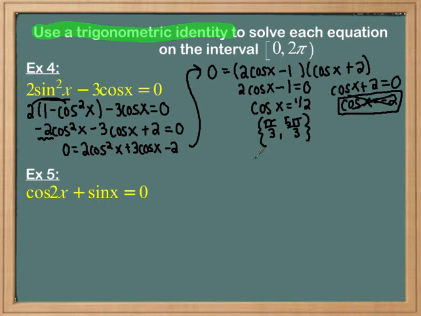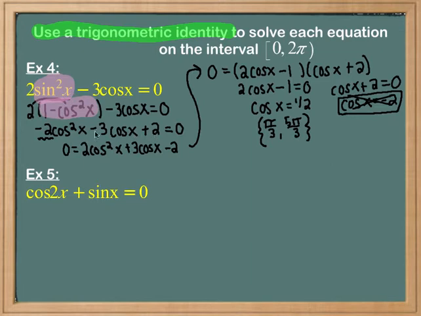So just to go back and recap, what did I do here? I started off by recognizing I couldn't factor anything. There was no GCF. They were in different terms. So I took sine squared and replaced it, using the Pythagorean identity, with 1 minus cosine squared. Now in the next step, I did two things at once. I distributed the 2, but in addition to distributing the 2, I also rearranged my terms.